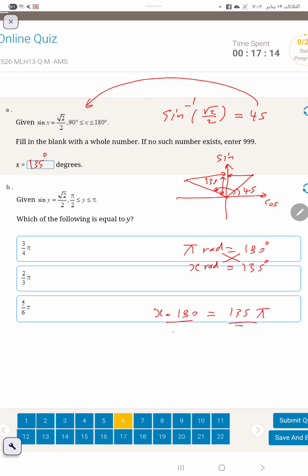Divide both sides by 180. Cancel these. You get x equal 135 divided by 180. If you simplify it, you get 3/4 pi, which means the first option is the correct answer.